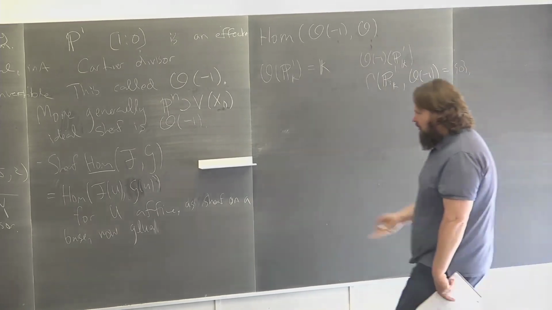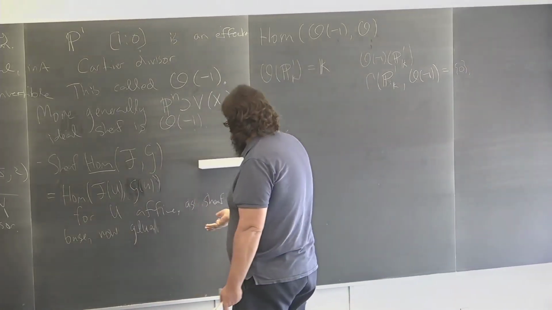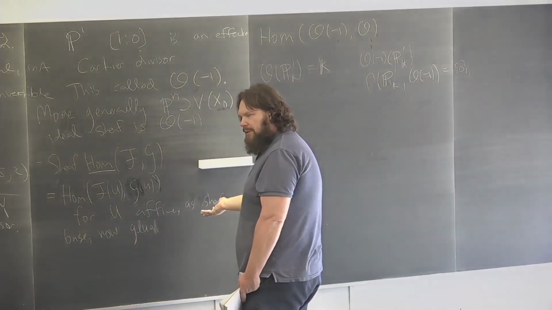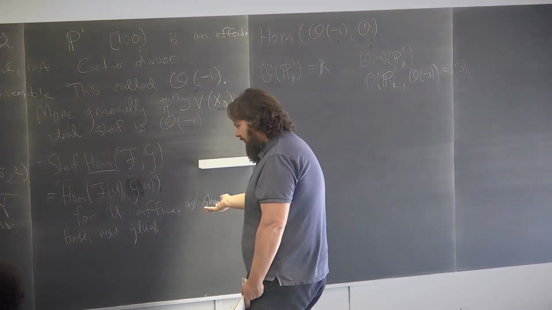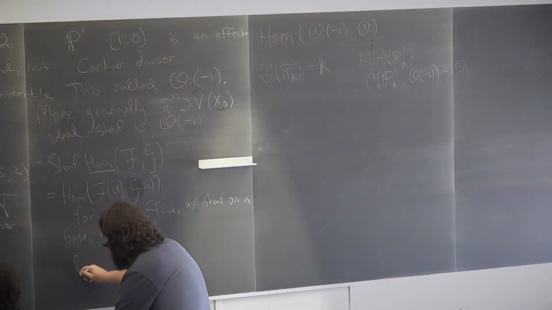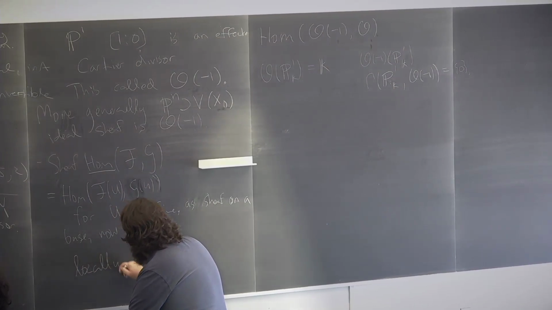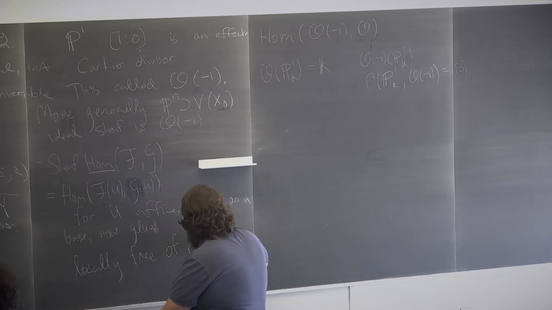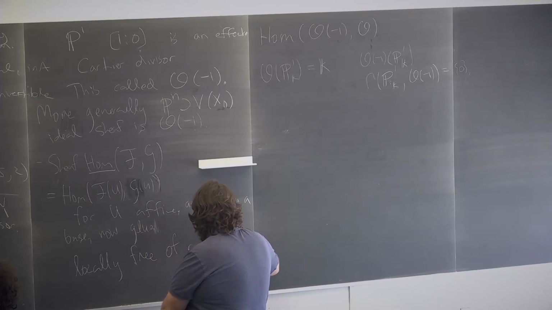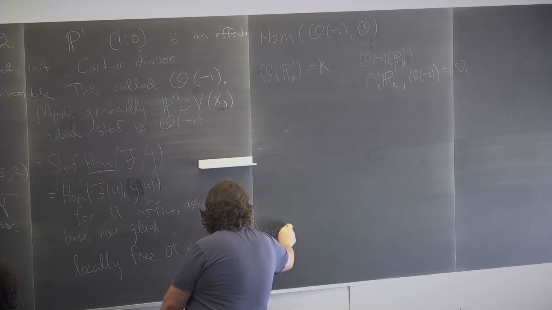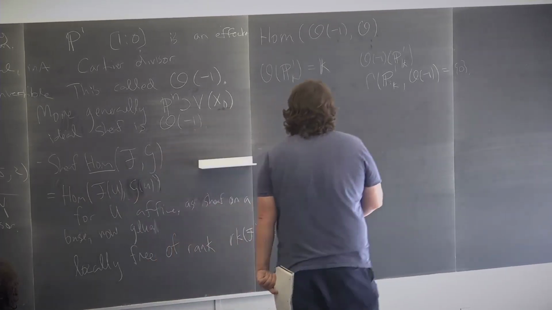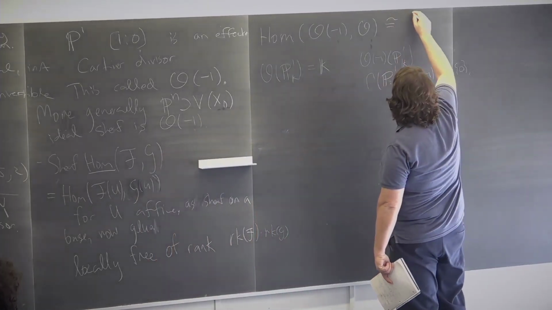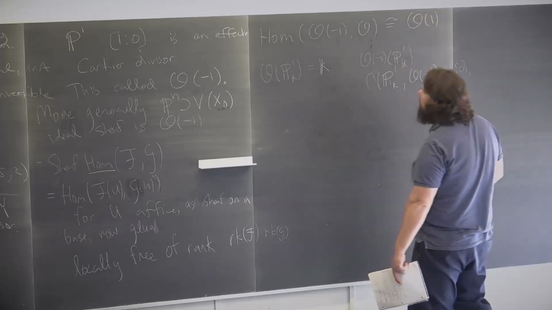So you can easily check here: if I restrict to open sets where these guys are trivial, you can immediately see this is locally free of rank, rank of F times rank of G. So this is again a line bundle. It's what we call O of 1.